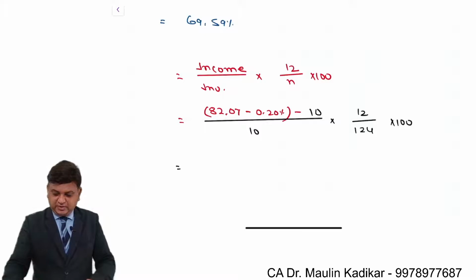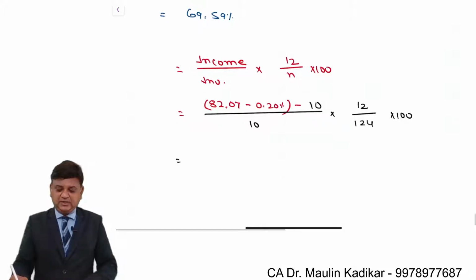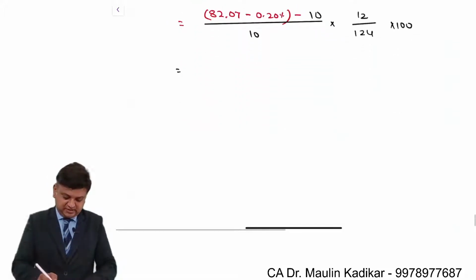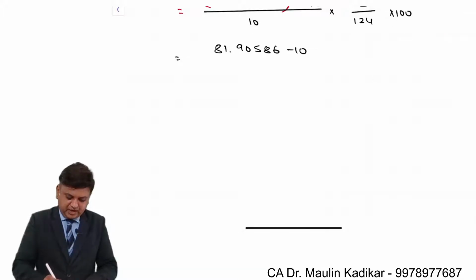So it is 82.07 minus 0.2 percentage. That comes to 81.90586. Then 81.90586 minus 10 upon 10 into 1200 divided by 124.